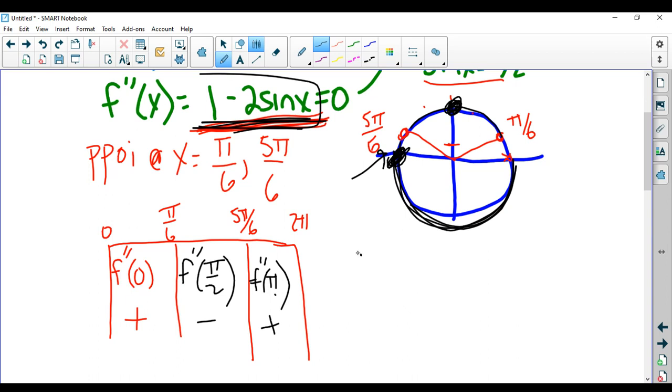This graph is concave up on the interval 0 to pi over 6, and then again from 5 pi over 6 to 2 pi.